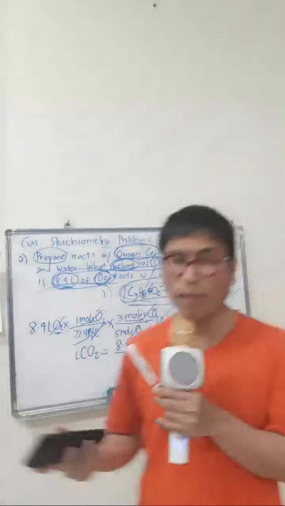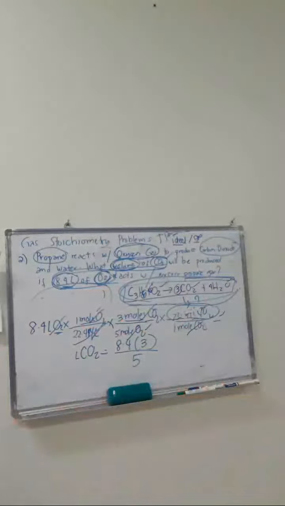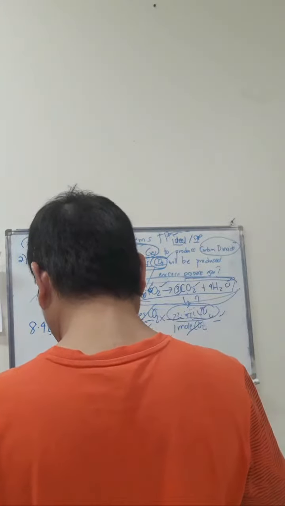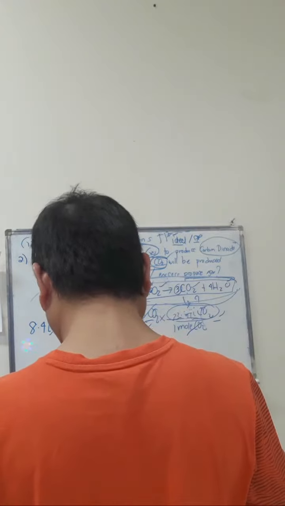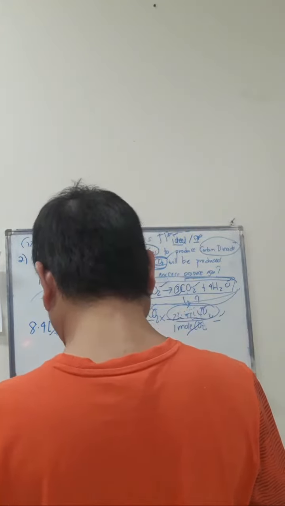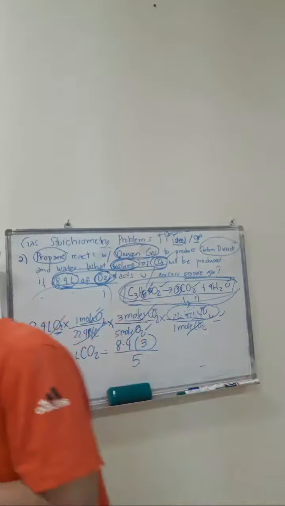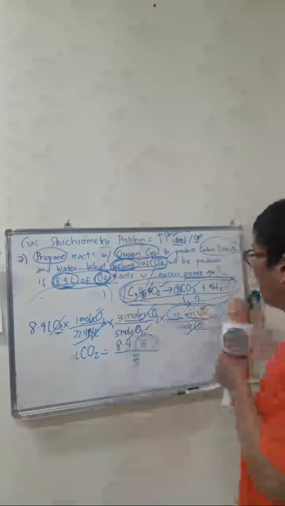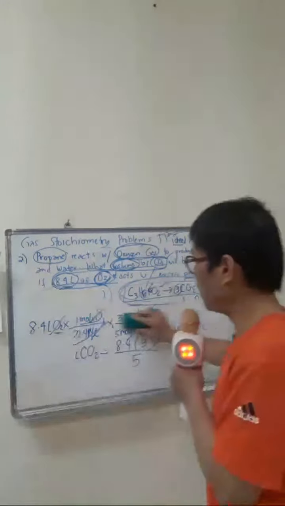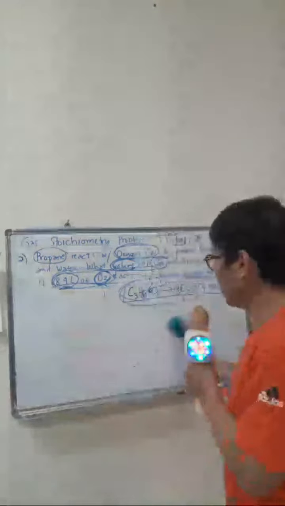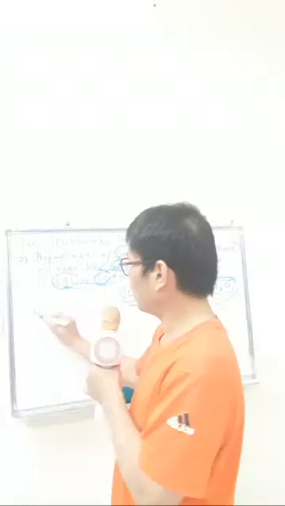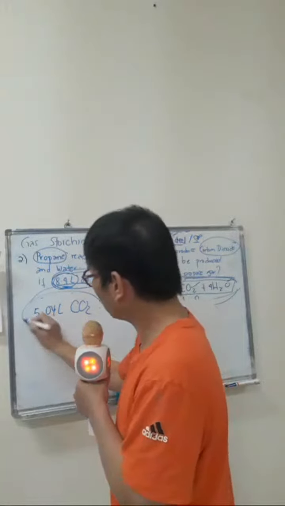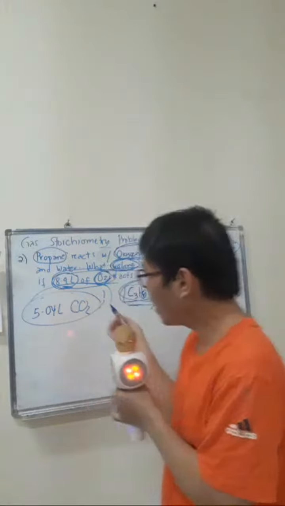I cannot solve this with my brain cells. 8.4 times 3 divided by 5. The answer is 5.04 liters of carbon dioxide. This will be the answer. 5.04 liters of carbon dioxide. This will be the answer for option 1, or method 1.